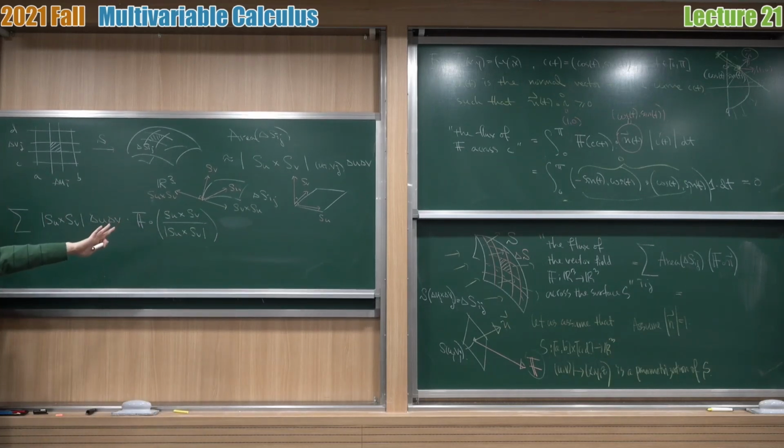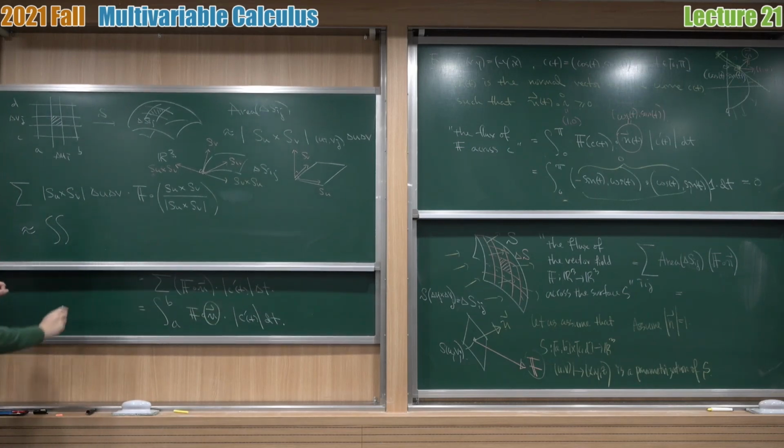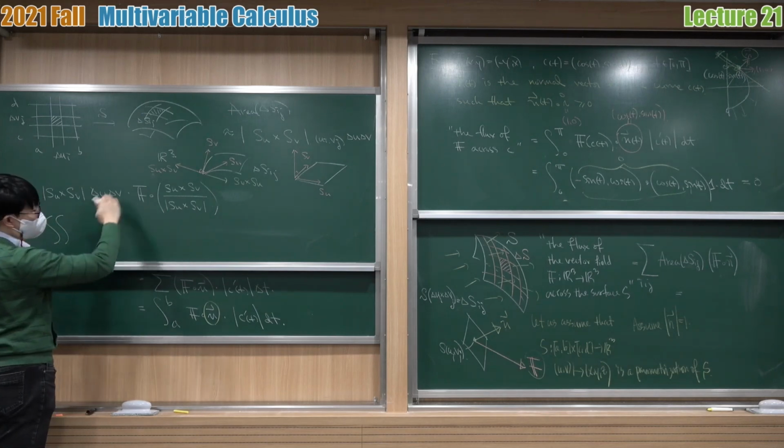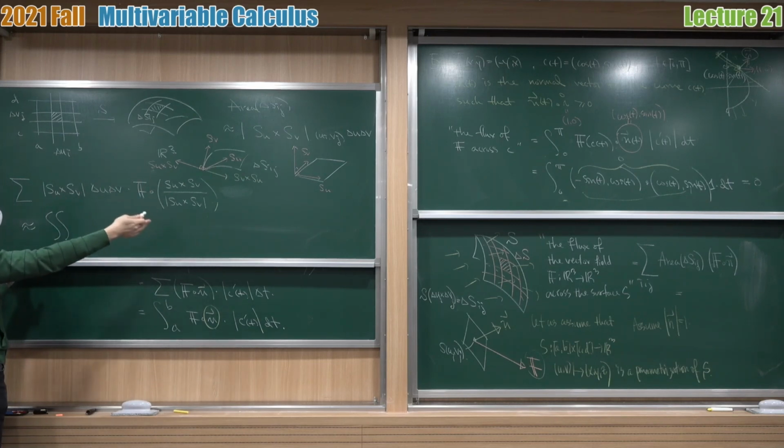So that's the net flux, the approximate net flux, and that gives what? The surface integral, because it is simply a double integral at least. You can change your delta u delta v to du dv, and then everything is just a scalar number in terms of u, v.